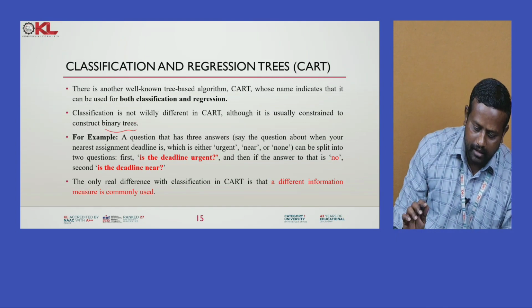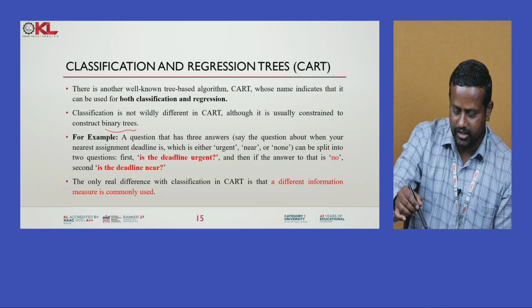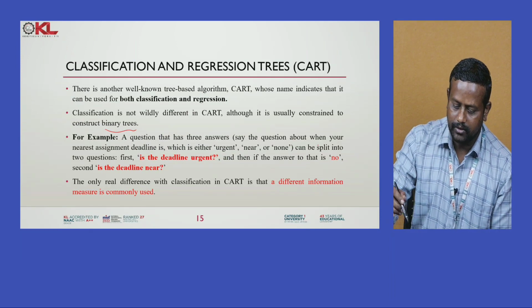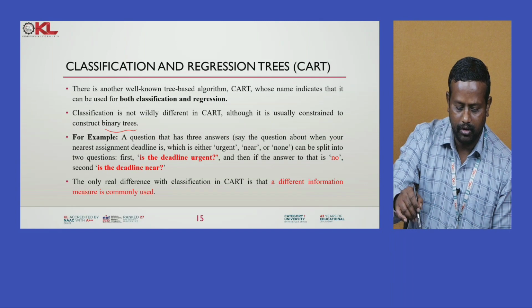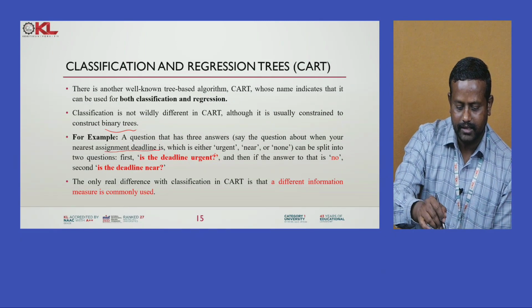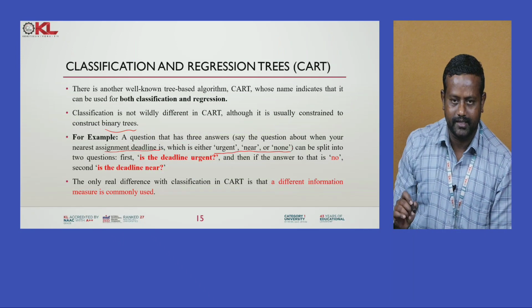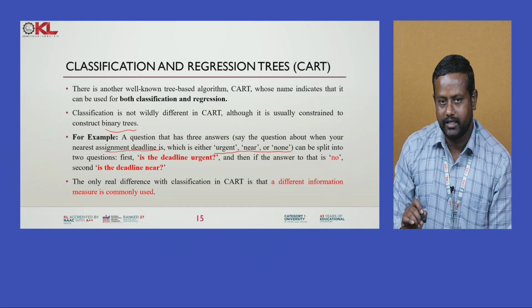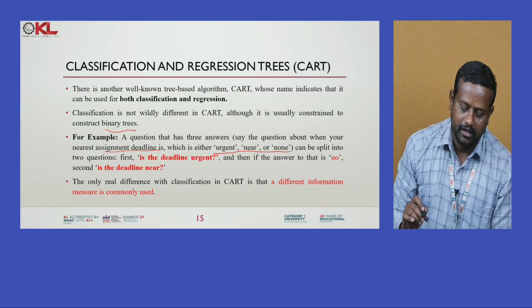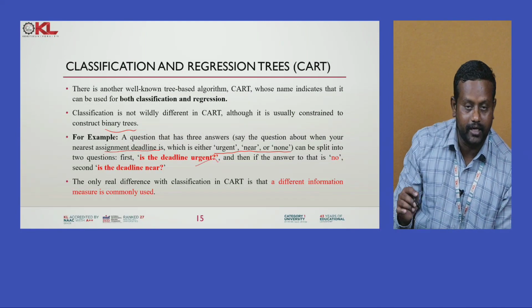See, for example, a question that has three answers, like the one we used previously: when is your nearest assignment deadline? This has three different types of answers: urgent, near and none. So it can be split into two questions. First, is the deadline urgent?